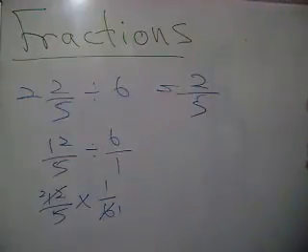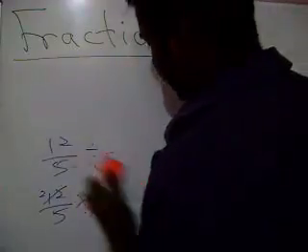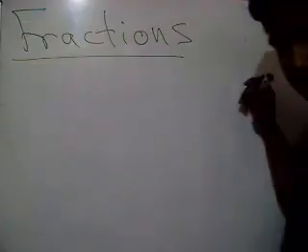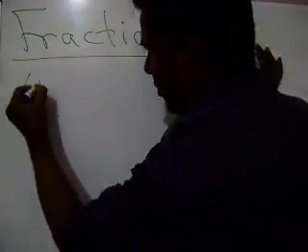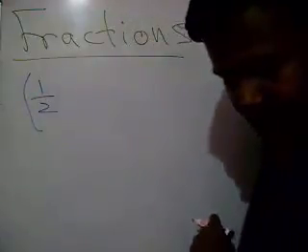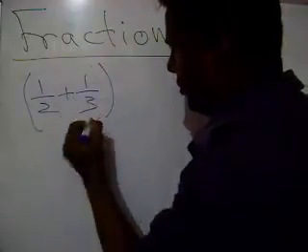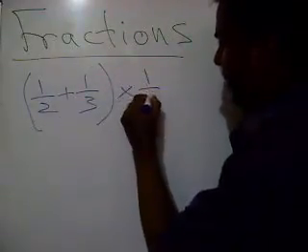Next, let's take a look at some mathematical operations on fractions with brackets. Let's take this example: half, that's 1 over 2, plus 1 over 3, separated by brackets, into 1 over 5.